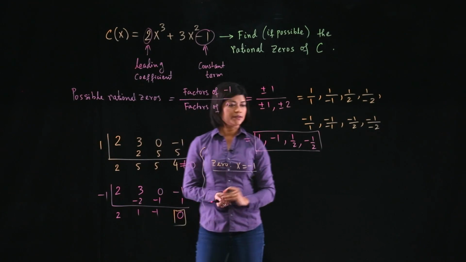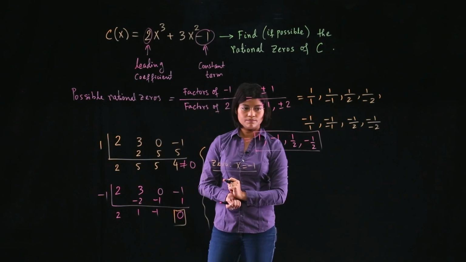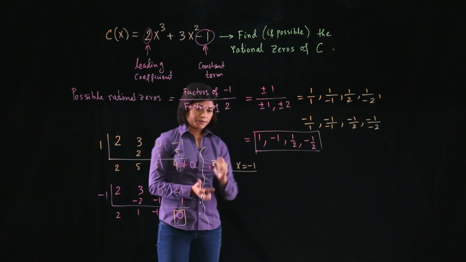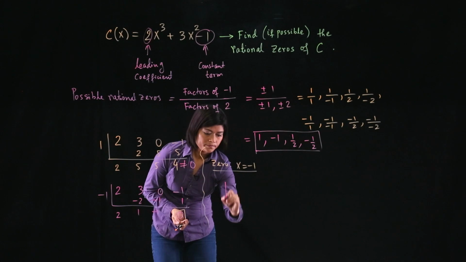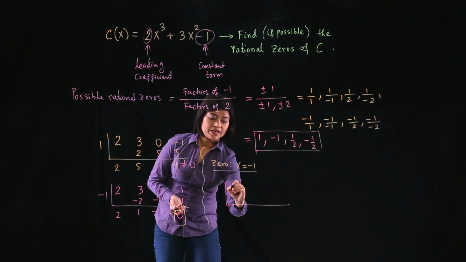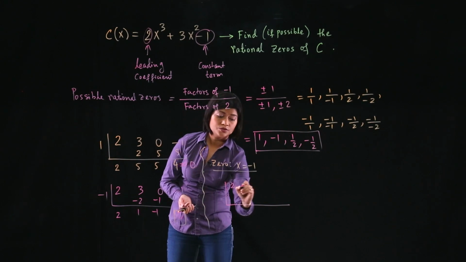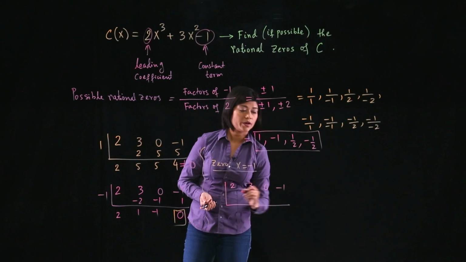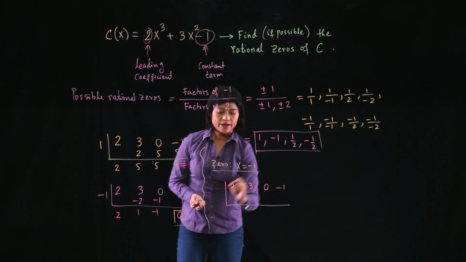Let's check the other two numbers that we have. The coefficients are 2, 3, 0 and negative 1. Let's try 1/2.